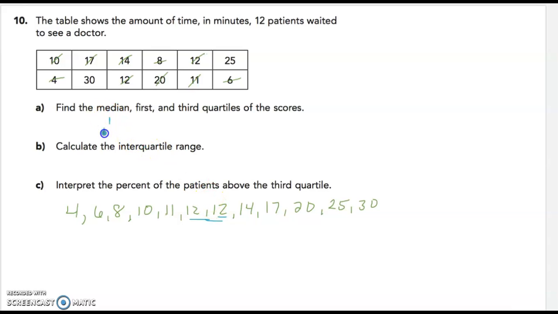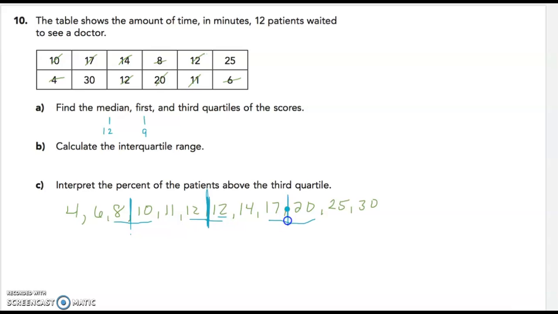Now we have to find the first quartile. We take the bottom 6 numbers and find the median. The two numbers in the middle are 8 and 10, and the middle of that is 9. So the first quartile is 9. On the upper part, we have 6 numbers, so we have two in the middle, 17 and 20.